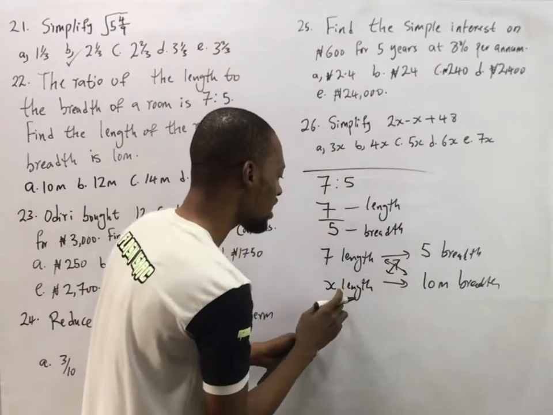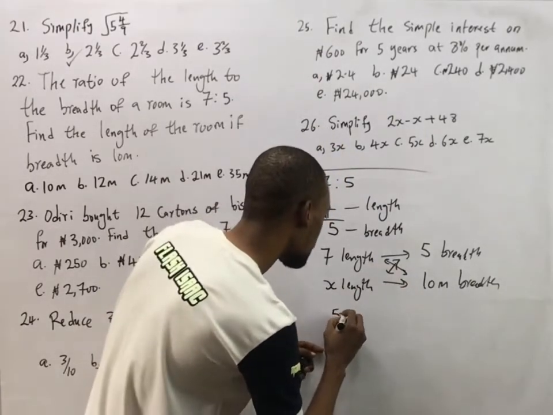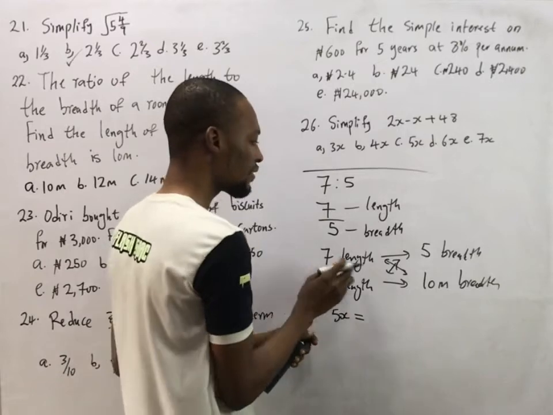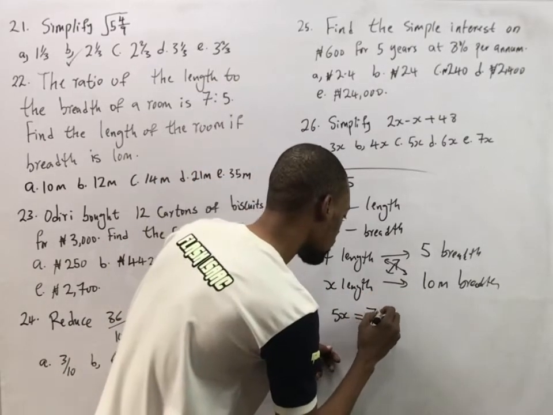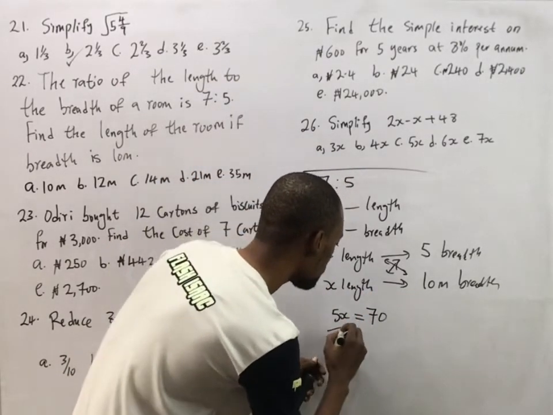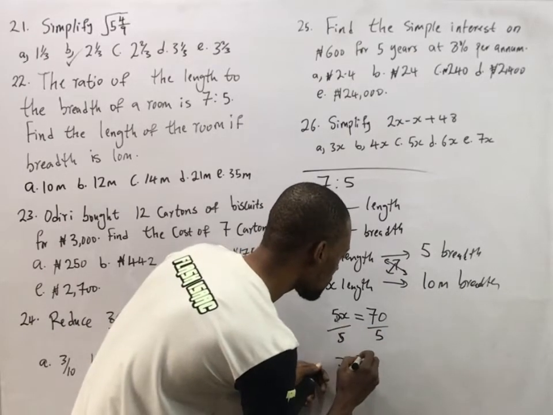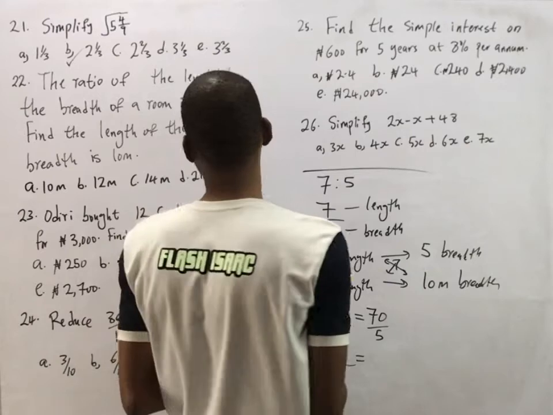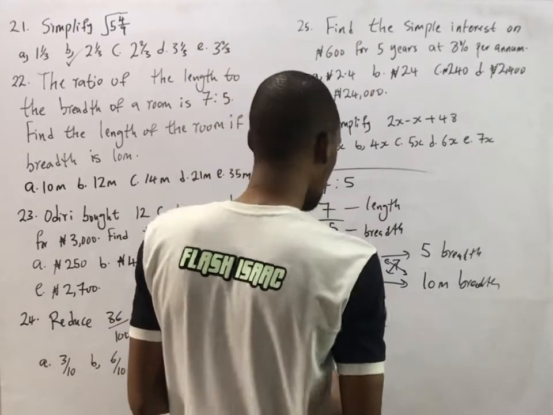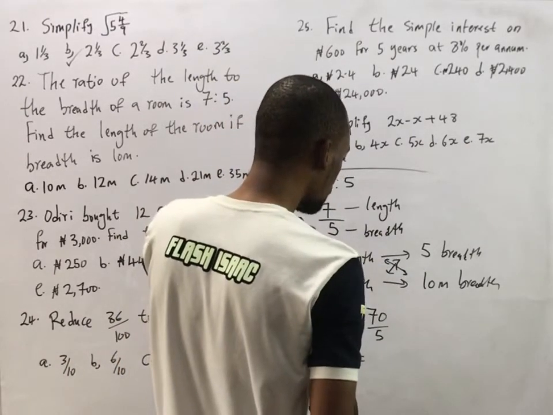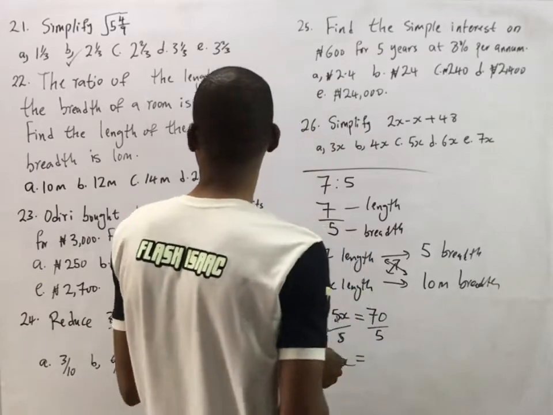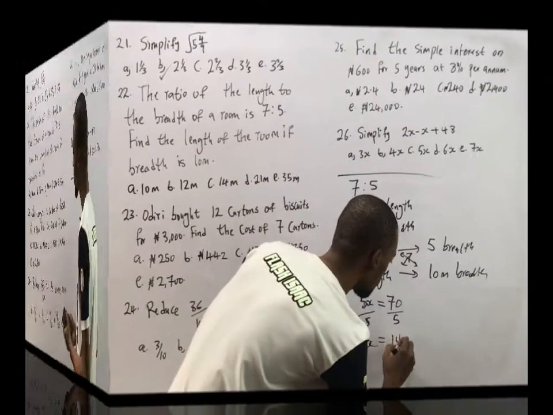So this will give you S times 5 is 5S is equals 7 times 10 is 70. So dividing both sides by 5, S becomes 70 divided by 5. And 70 divided by 5 should give you 14. So the answer is 14.